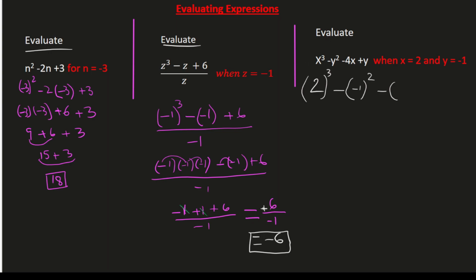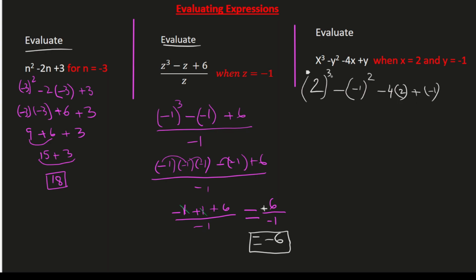I need to put the 4 here because the 4 will be multiplied. I get the same 4, times x, which is 2. Plus y, so plus negative 1. That's what we have here.